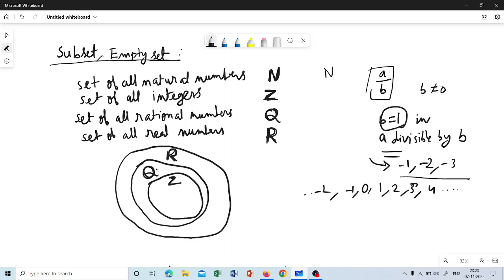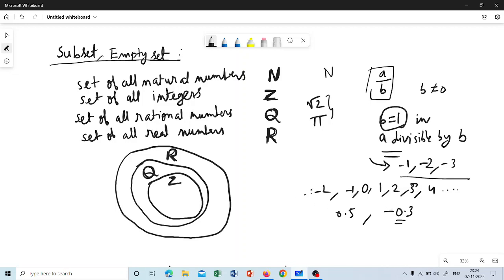So this circle inside, because Q is inside real numbers, all rational numbers are real numbers, but not all real numbers are rational, because there are irrational numbers also, as we know, square root of 2 or pi, those are irrational numbers, they come separately. So inside rational numbers, there are fractions which are not exactly integers, like 0.5 or minus 0.3.